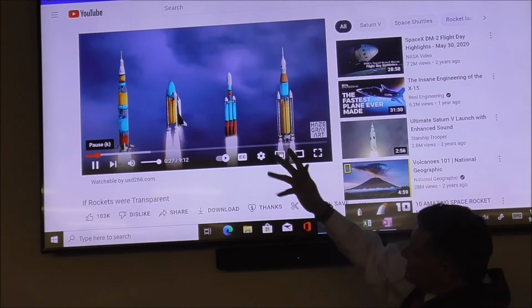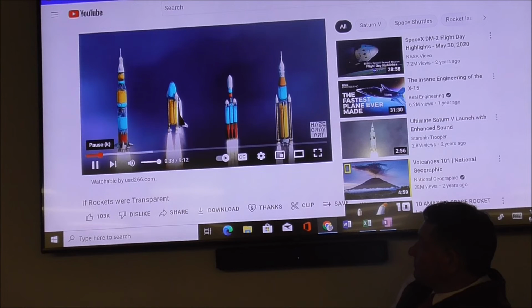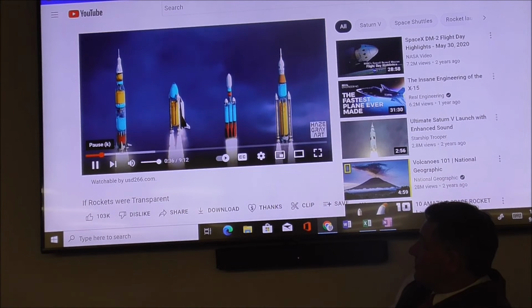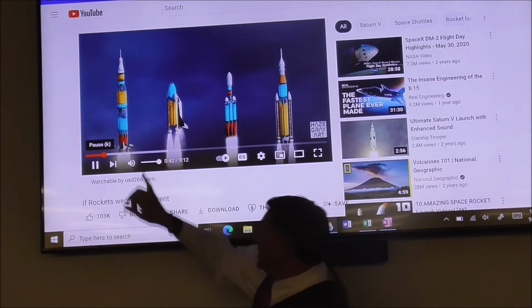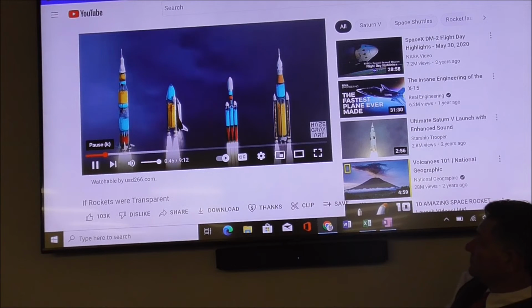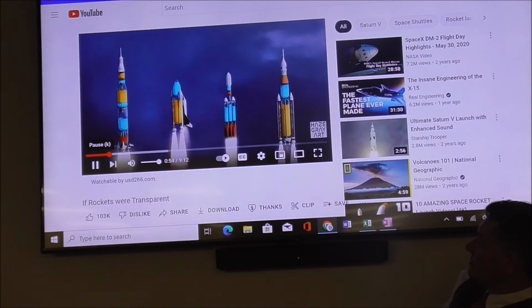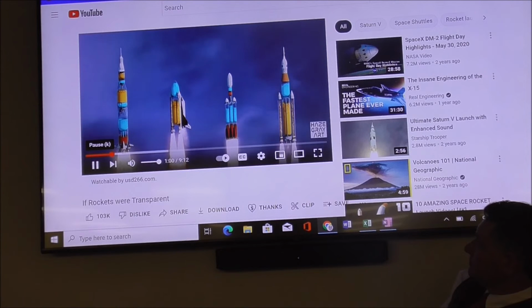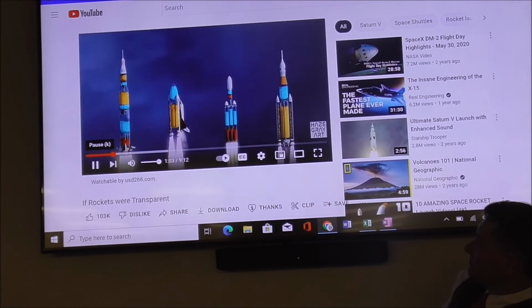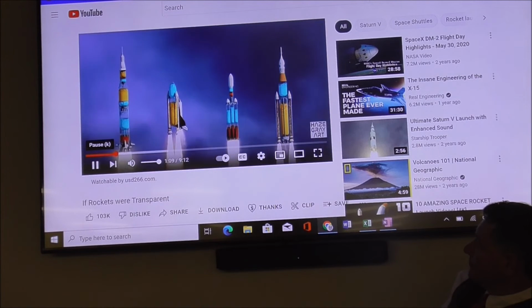It's kind of cool because they're using the voices of the actual launch command centers. You notice that it's cool because you're seeing your fuel levels decreasing as it goes.